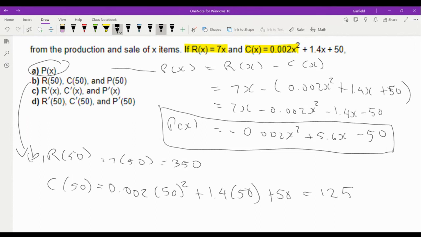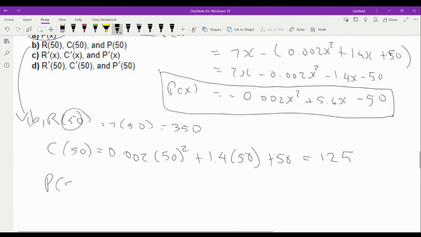Okay. Anyone confirm the cost? Okay. So the revenue for 50 units is basically what you're saying is $350 and the cost is $125.